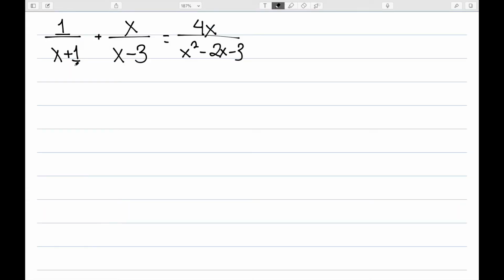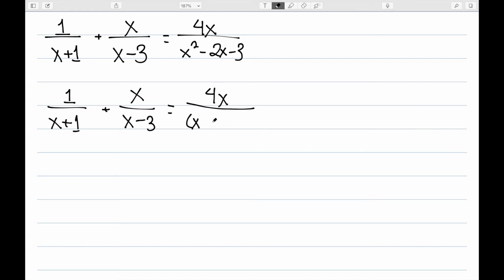Let's do one more. We need to start by factoring. The first two are already factored, so we don't have to worry about those. On the right-hand side, to multiply to be negative 3 and add to be negative 2 would be negative 3 and positive 1. And so now we can do our common denominator. There's an x plus 1 on the bottom and an x minus 3 on the bottom.